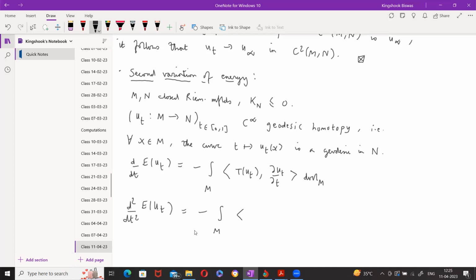This will be the inner product of D del t of tau u_t with del u del t, plus another term, tau u_t with D del t of del u_t del t. But what can we say about this last term, D del t of del u_t del t? What do I know about this?